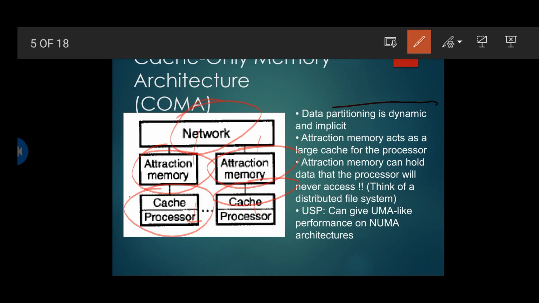The data partitioning is dynamic and implicit, which is quite the opposite of NUMA. Attraction memory acts as a large cache for the processor, with more memory space than the cache memory.